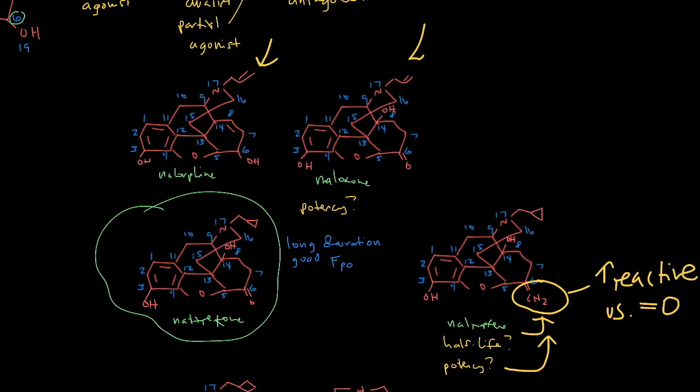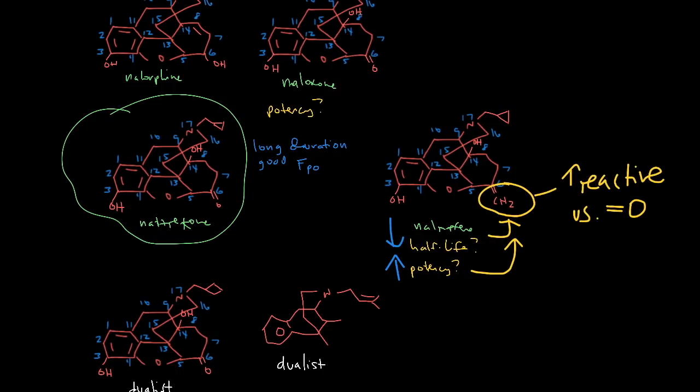So this double bond CH2 group contributes to both the half-life and the potency. This double bond CH2 at the 6th position decreases the half-life but increases the potency for the antagonist. It's an antagonist, remember, because it has 1, 2, 3, 4 carbons, which is antagonist.